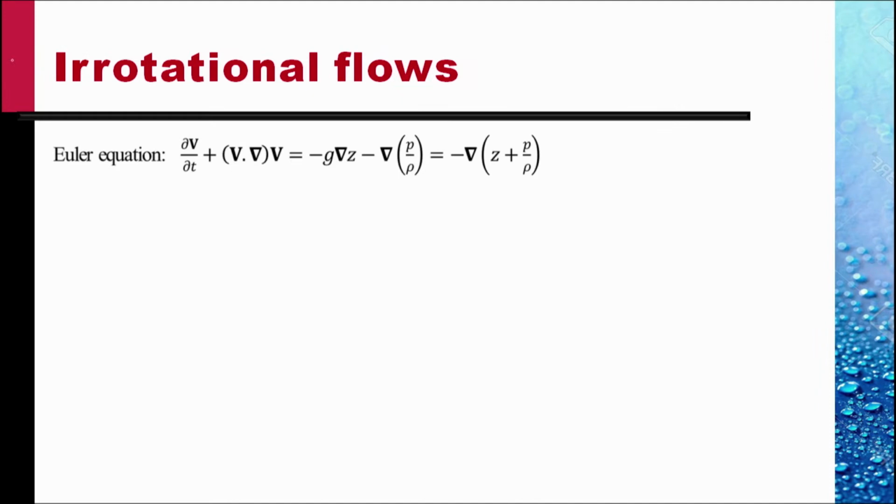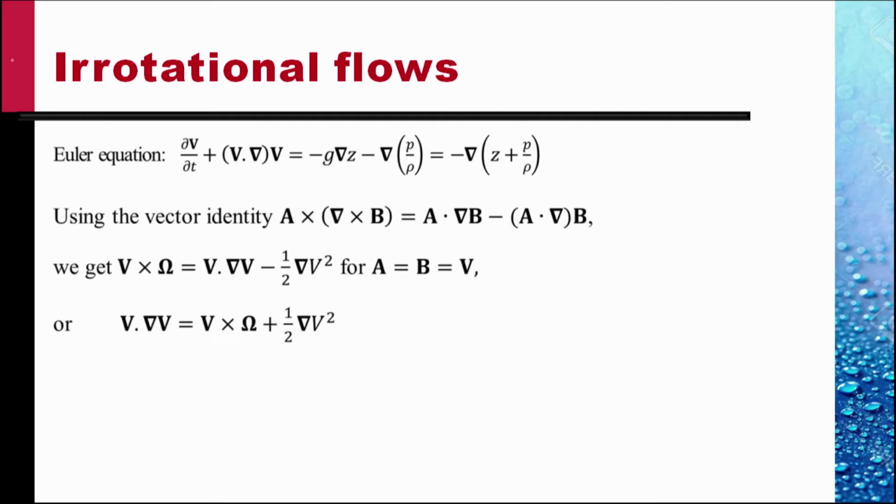We had seen that the governing equation for inviscid flow is the Euler equation, given as del V by del T plus V dot del V is equal to minus g del Z minus del of P by rho. The last two terms combine to give minus del of (gZ plus P by rho).